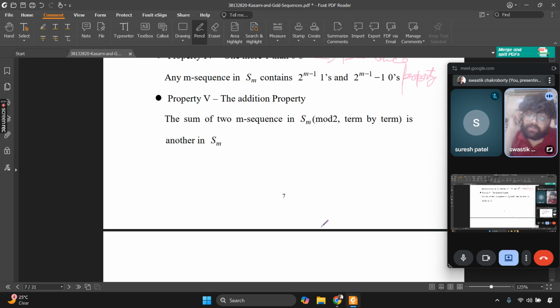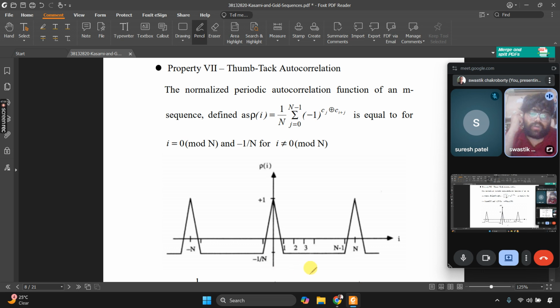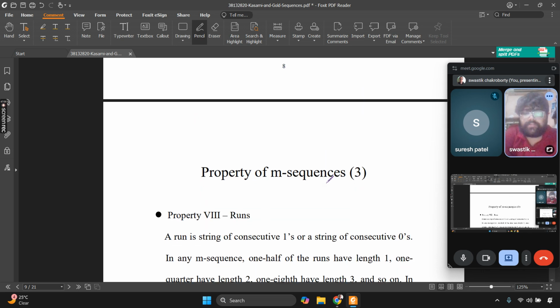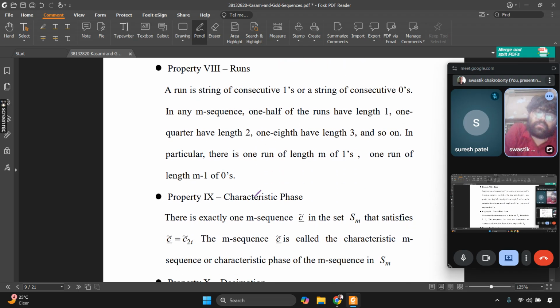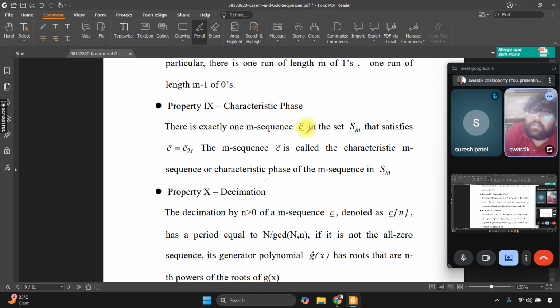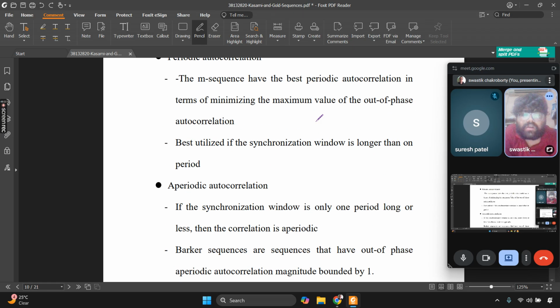And then there is the addition property, and then the autocorrelation property, and then the run property. Run property we have already discussed, that there will be one half of runs of length 1, 1/4 of runs of length 2, 1/8 of runs of length 3, and so on. And the rest of them are not needed.